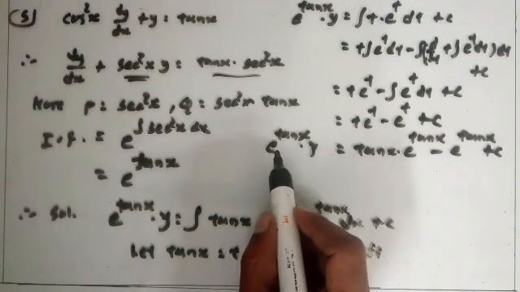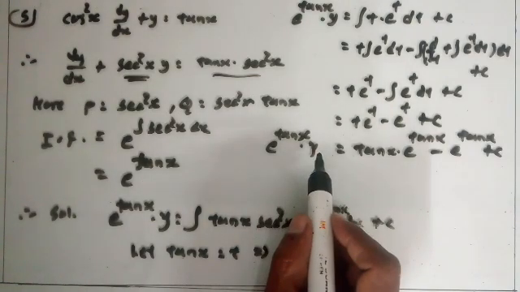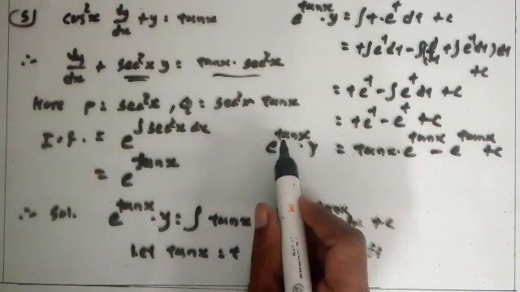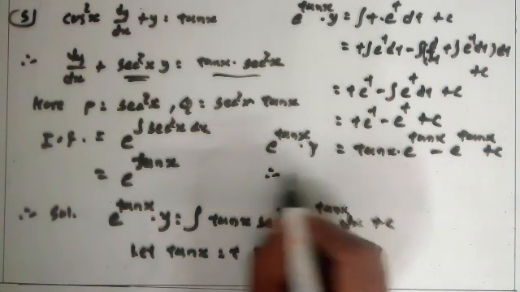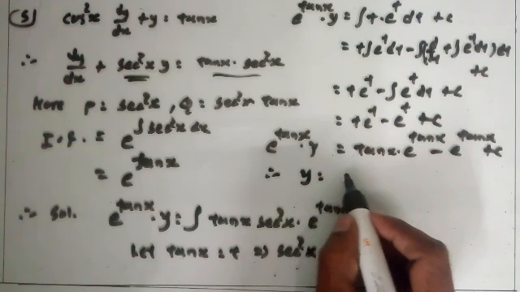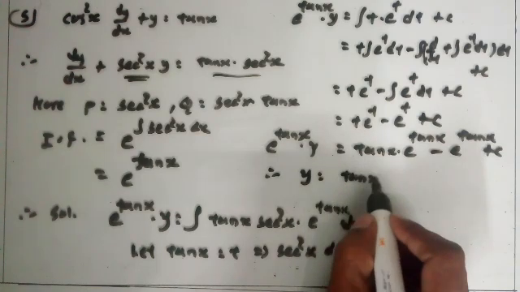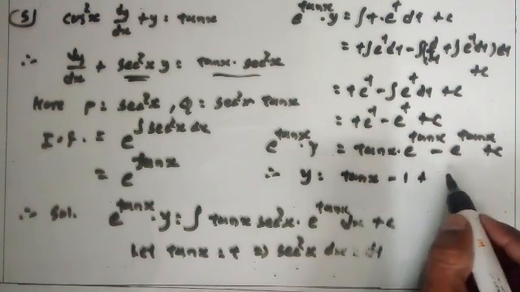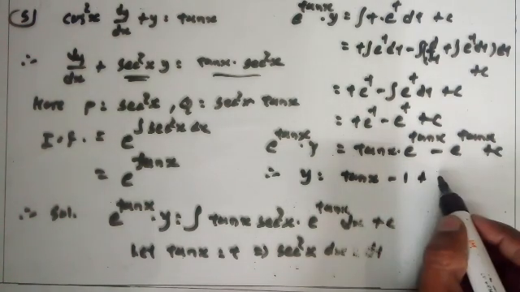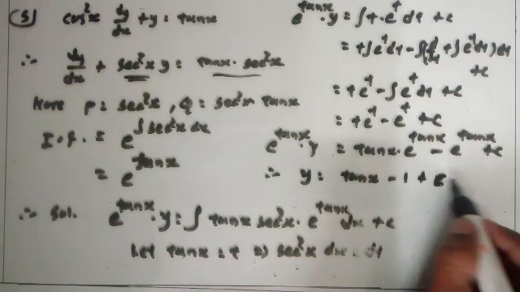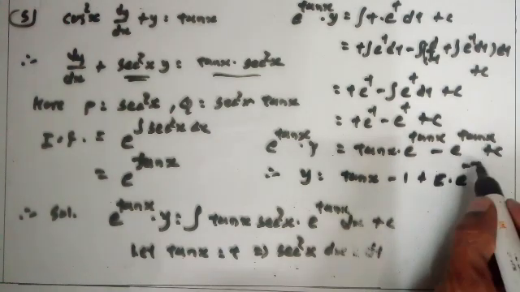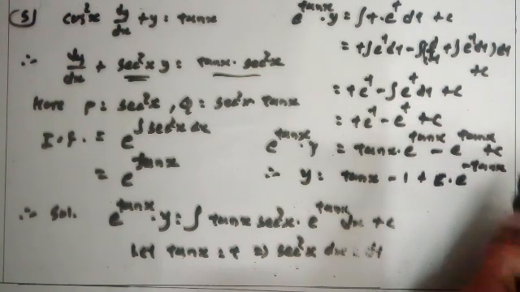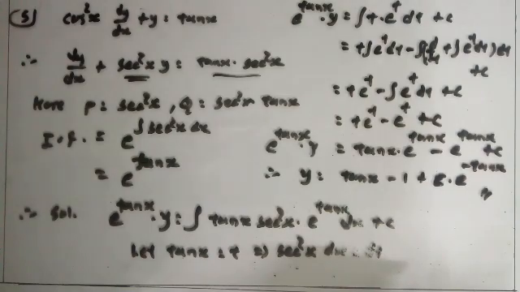Now dividing by e raised to 10x on both sides, we get y is equal to 10x minus 1 plus c upon e raised to 10x, which becomes c into e raised to minus 10x. Clear? This becomes the solution. Okay.